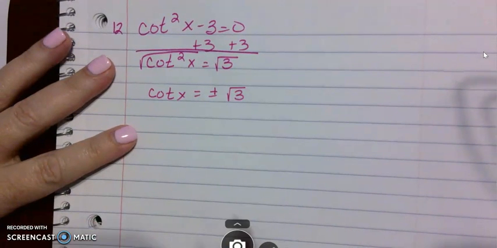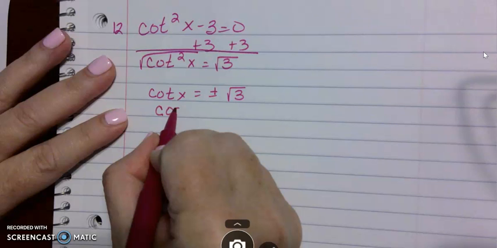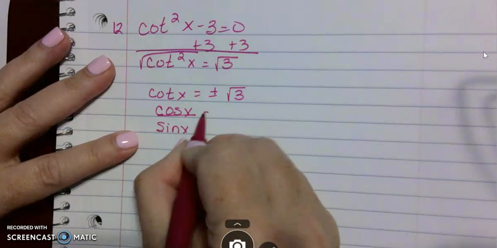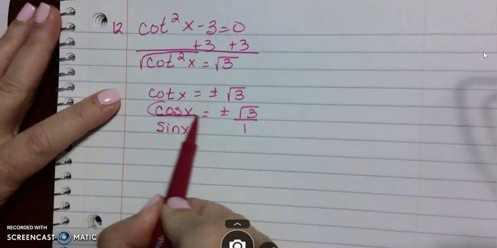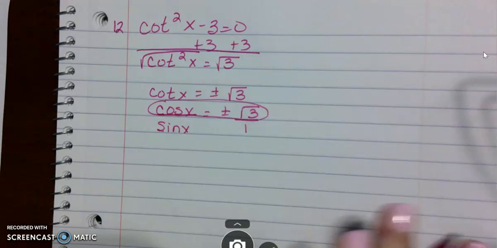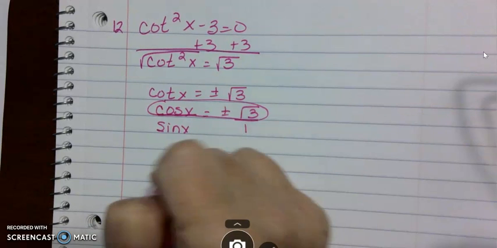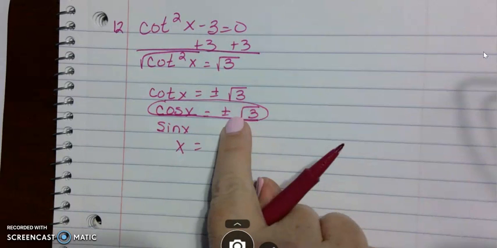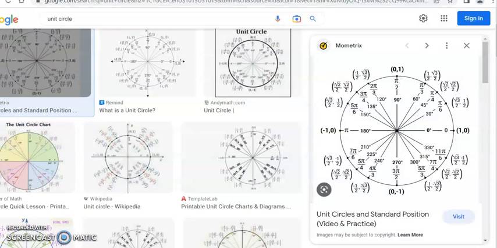Okay, so now we're going to do the same thing, but cotangent is going to be cosine over sine. Plus or minus the square root of 3 over 1. So this time I'm looking for when does cosine have a square root of 3, regardless whether it's positive or negative. Okay, so let me pull my thing back up.